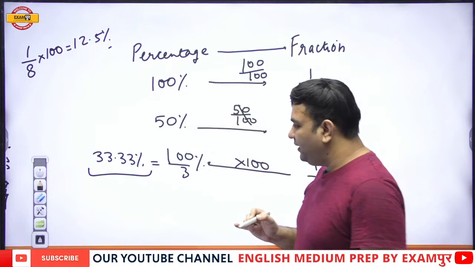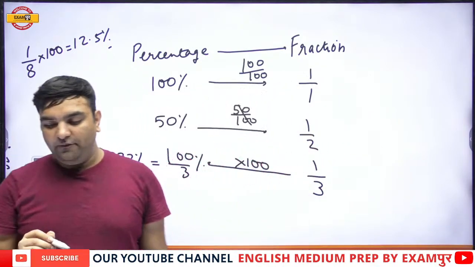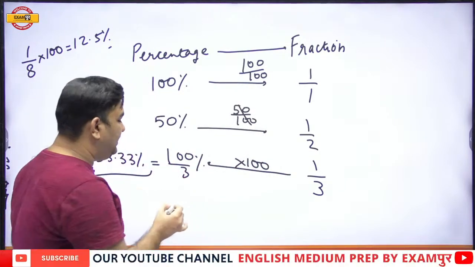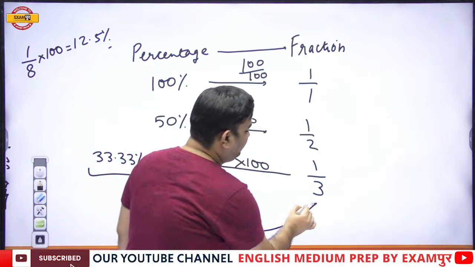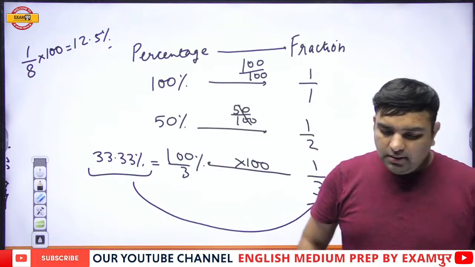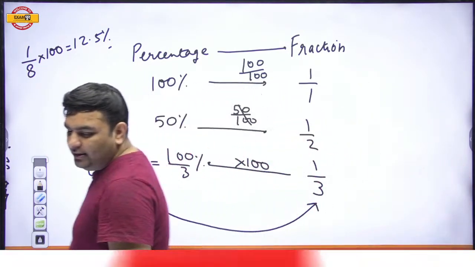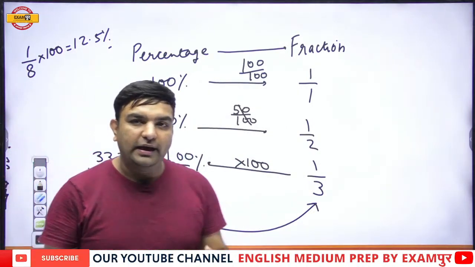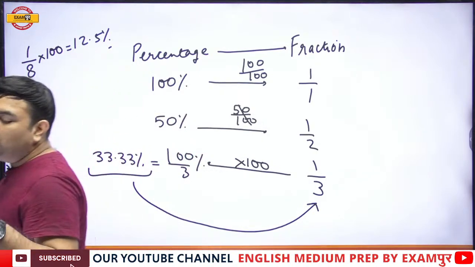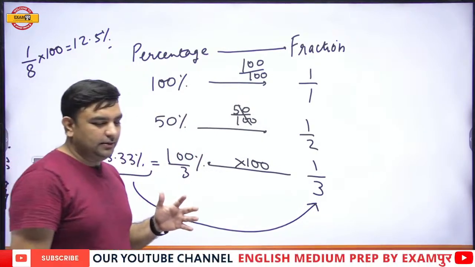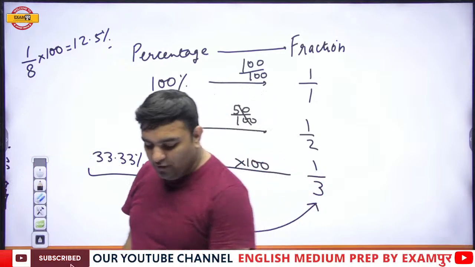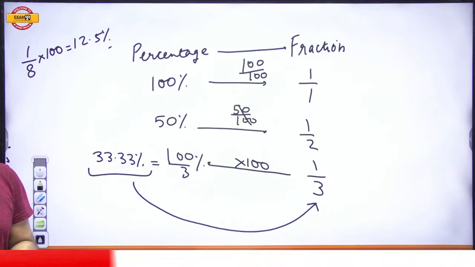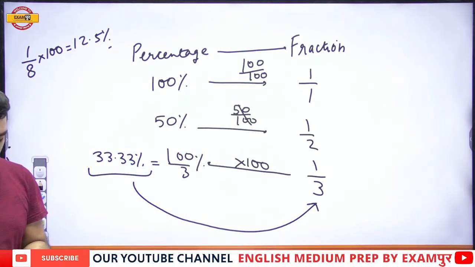The learning from here is that wherever you find 33.33%, you can directly replace it by 1 by 3. So there are certain things which we need to master over here.